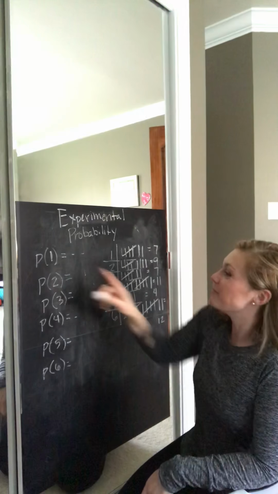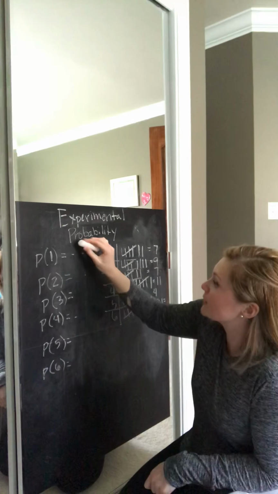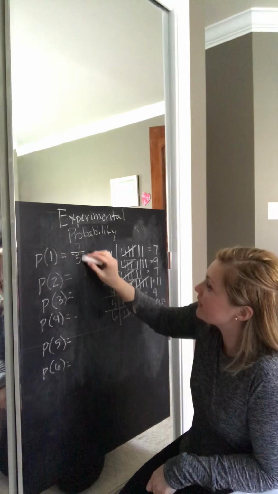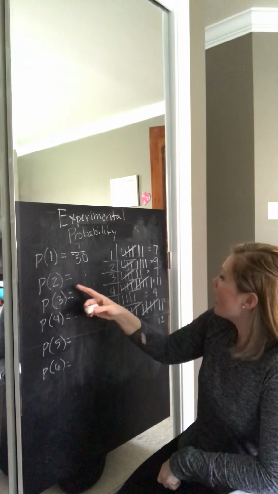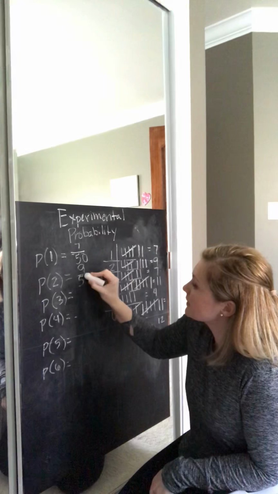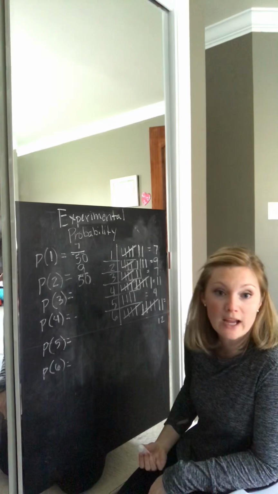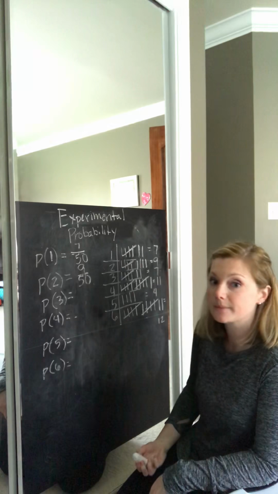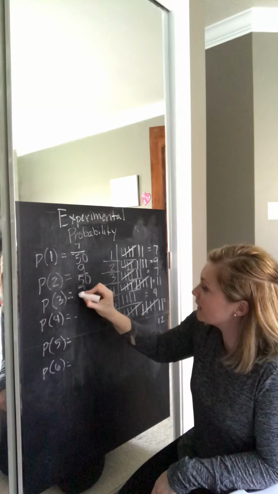Okay, for 1, that happened 7 out of those 50 times. So my probability is 7/50ths, or you could write that as a percent or decimal if you wanted to. My probability of rolling a 2 is 9/50ths. What is my probability for rolling a 3 for my experiment? Yep, it's going to be a 7 out of 50.